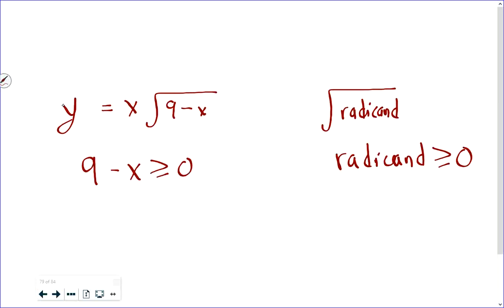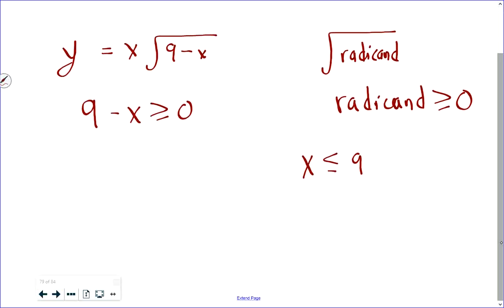And this little bit of business is a grade 9 thing that high school students screw up on all the time. It's a slippery thing. I hope that everybody gets it. I hope that you understand the domain here is x is less than or equal to 9. But I can easily see why students would get it backwards. Because what some students might do, and this is really important, is you might subtract 9 from both sides and get negative x is greater than or equal to negative 9.